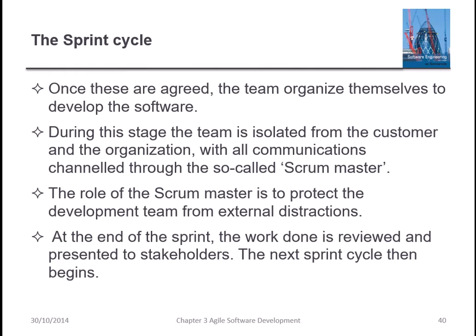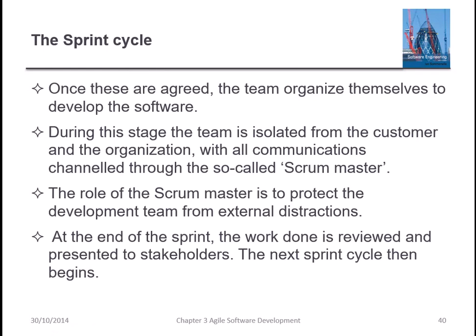During this stage, the team is isolated from the customer and organization, with all the communication channeled through the so-called Scrum Master. This means the Scrum Master or Scrum Leader is the bridge between the customer and the development team.